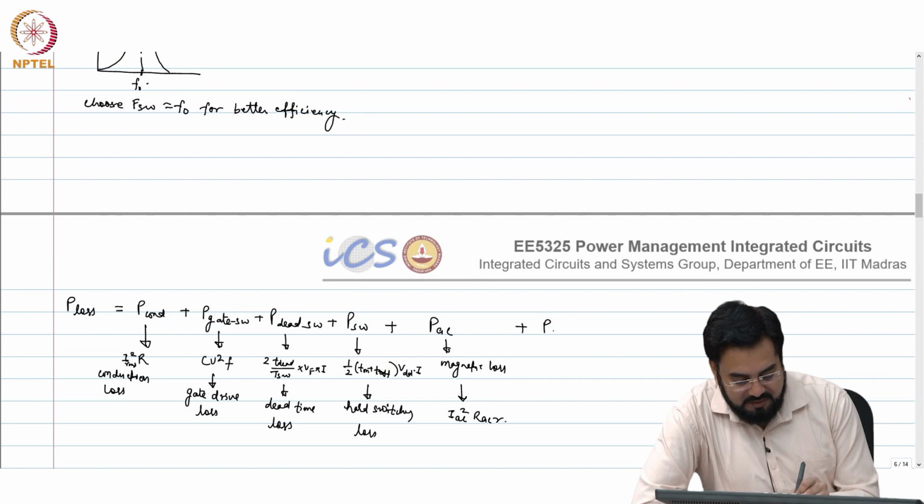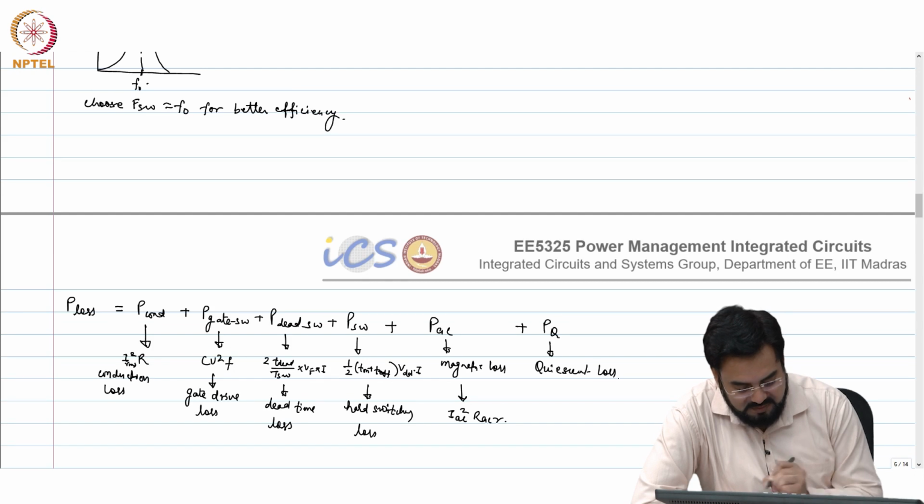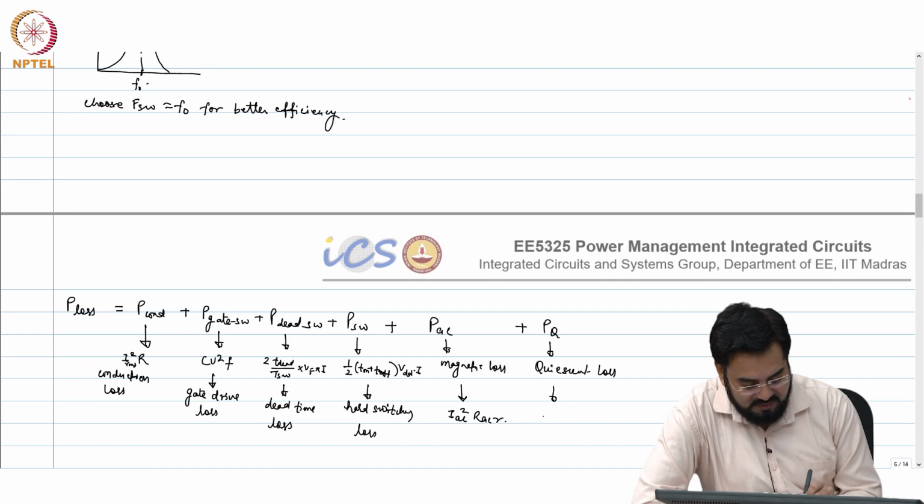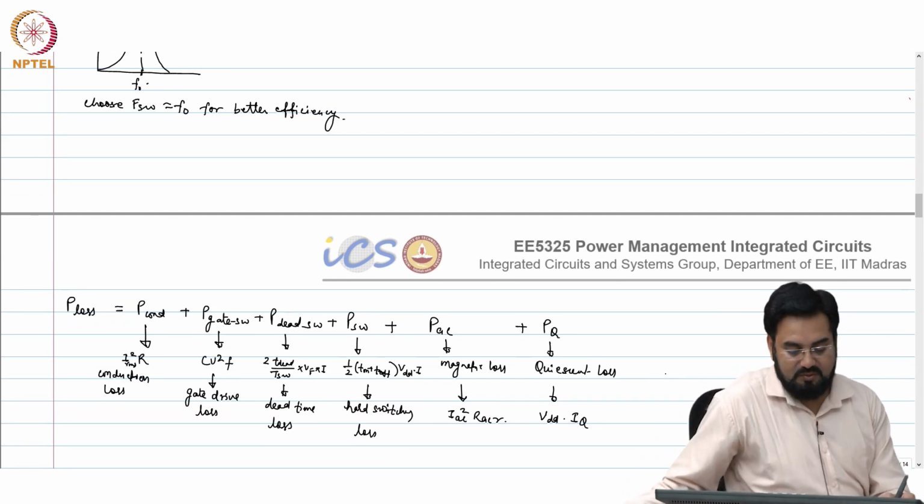There is something called P of Q. Quiescent current, quiescent loss. This is your VDD into IQ. And what is IQ?